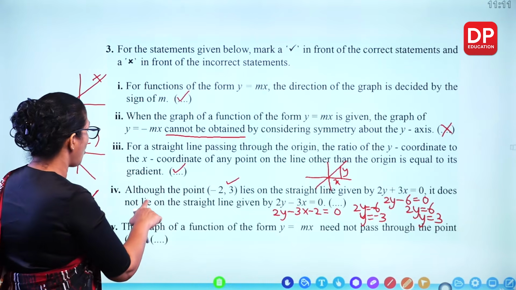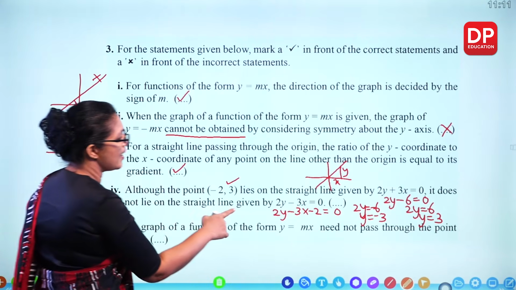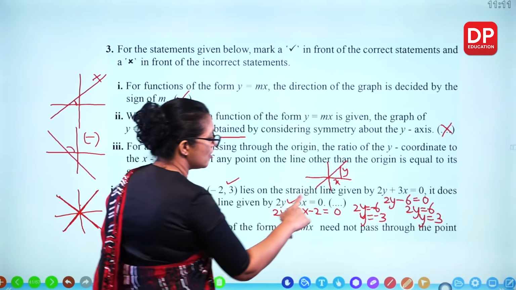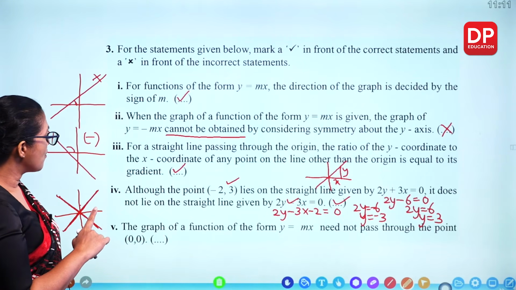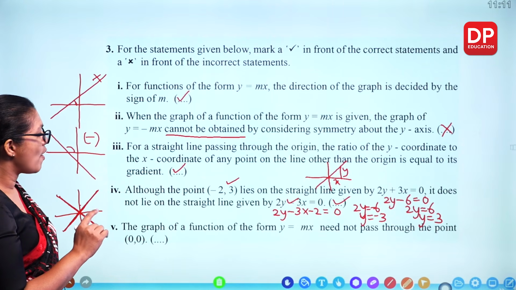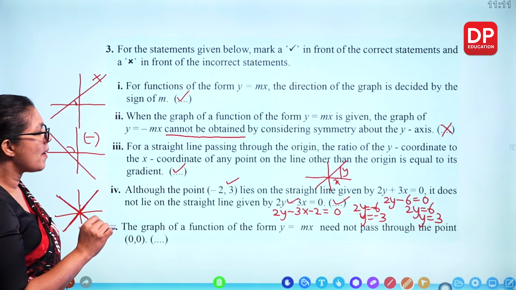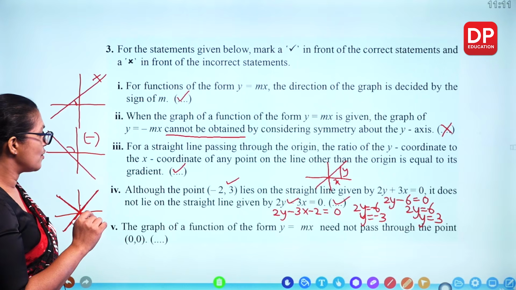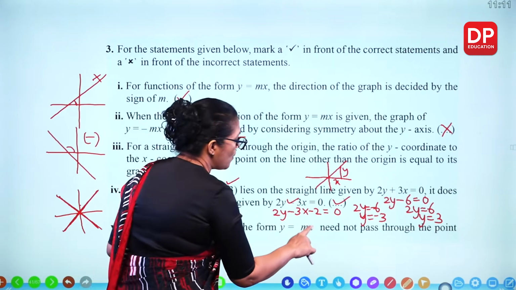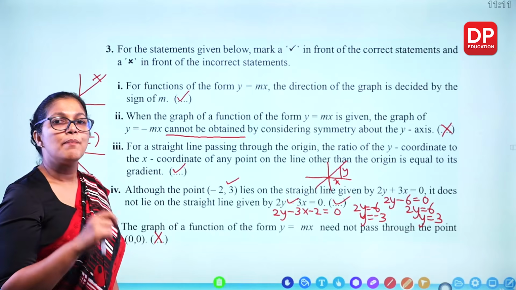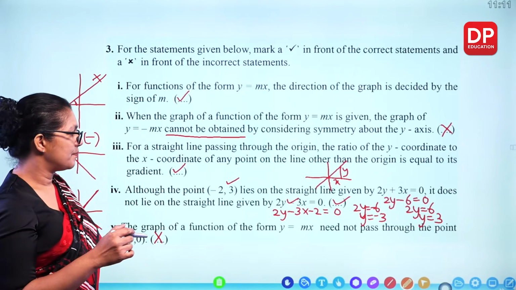So it does not lie on the straight line. So that's also correct. So the whole statement is correct. The graph of a function of the form y equals mx need not pass through the point (0, 0). That's wrong, because if it's y equals mx, definitely it passes through the origin.